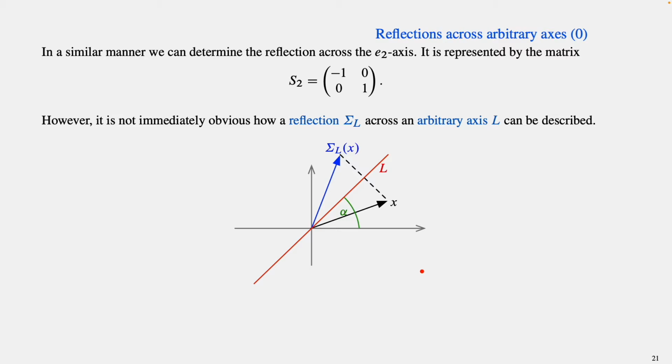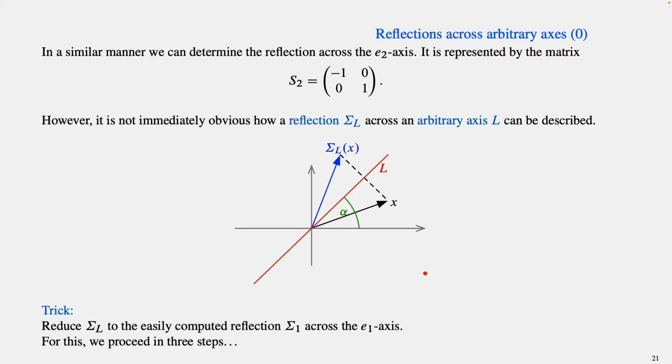But now we want to derive the matrix representation for that, and we use a little trick. We will reduce sigma L, the reflection across this axis here, to the easily computed reflection across the E1 axis. So we will somehow reduce sigma L to the reflection sigma 1 that we already know, which has a simple matrix.